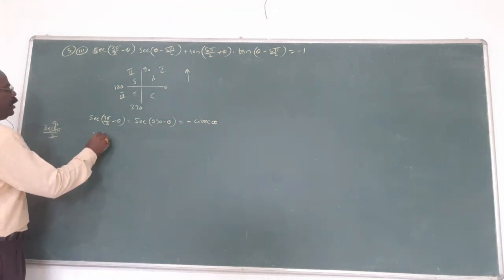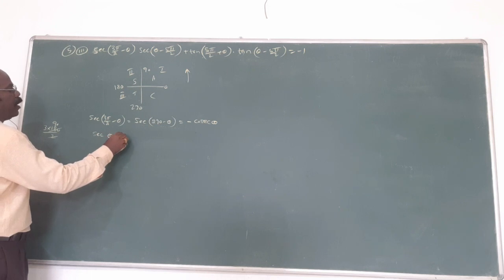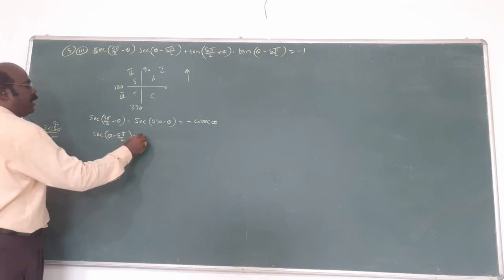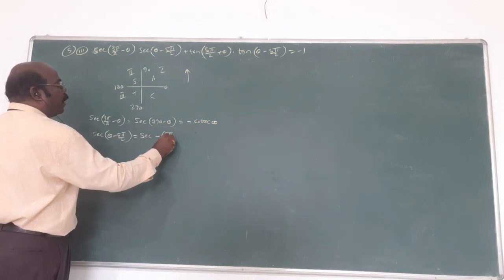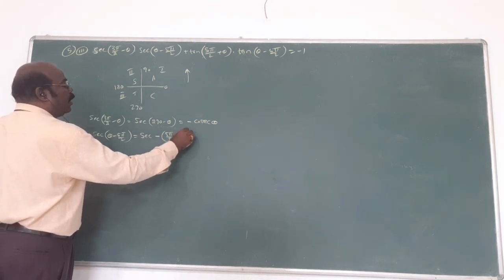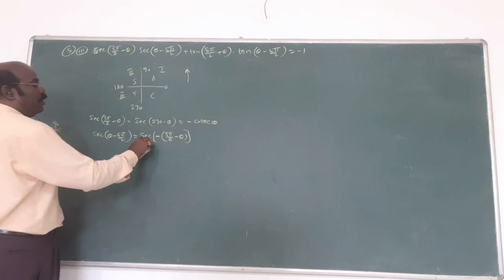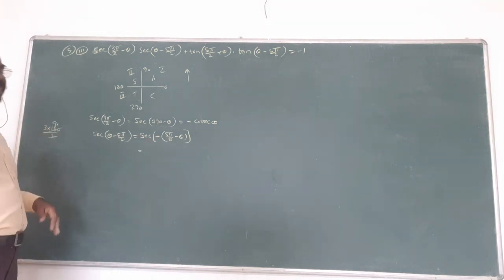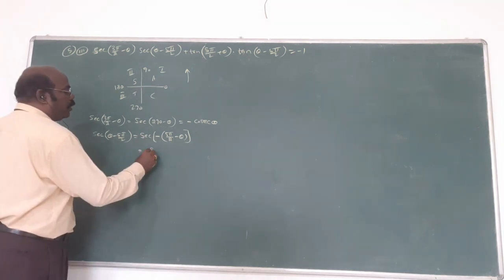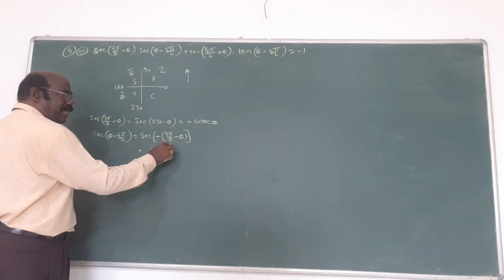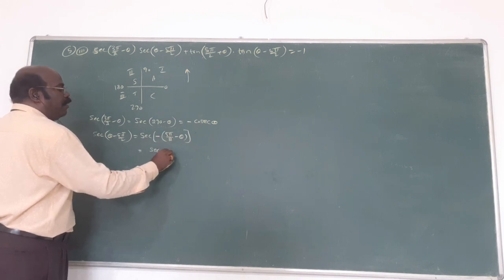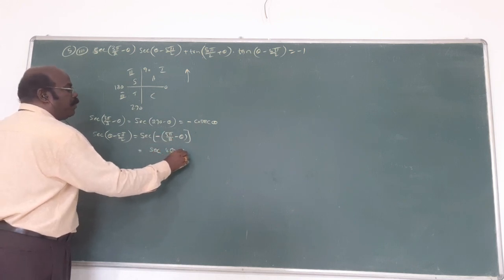Similarly, secant of pi by 2 minus theta. Am I right? I already told you that secant and cos are even functions, so the negative will not come. Here 5 pi by 2 is 180 by 2 times 5, which is 450 minus theta.